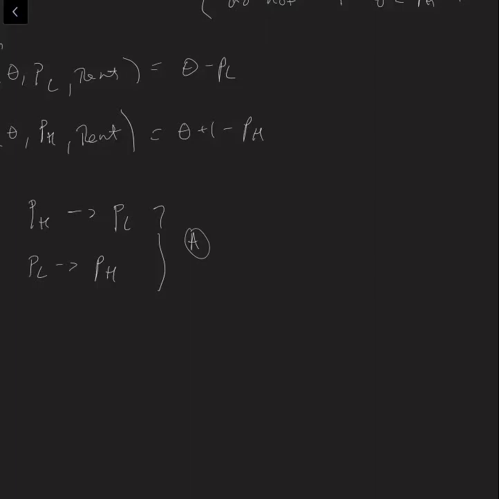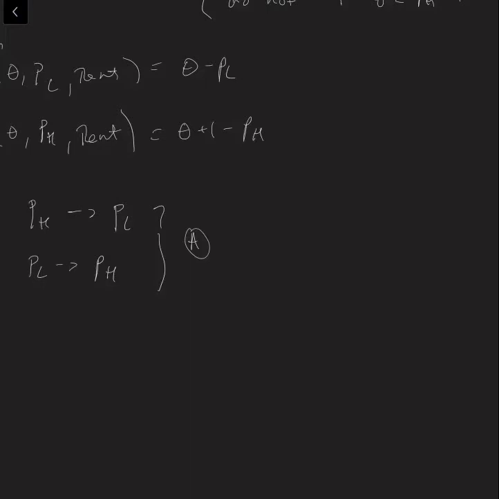But then we also have a class of deviations wherein Monica might change the prices of either type to some price other than PL or PH.